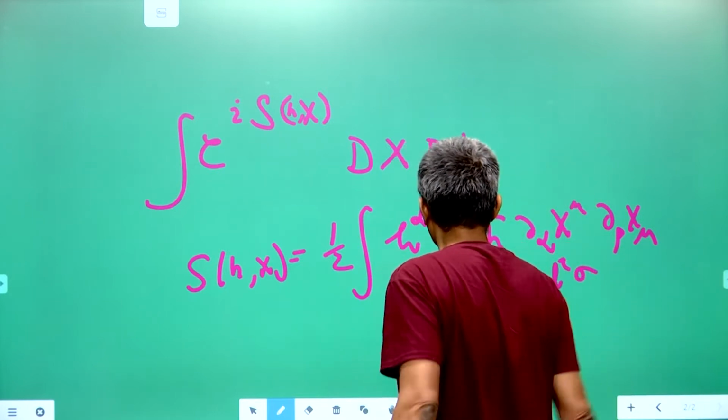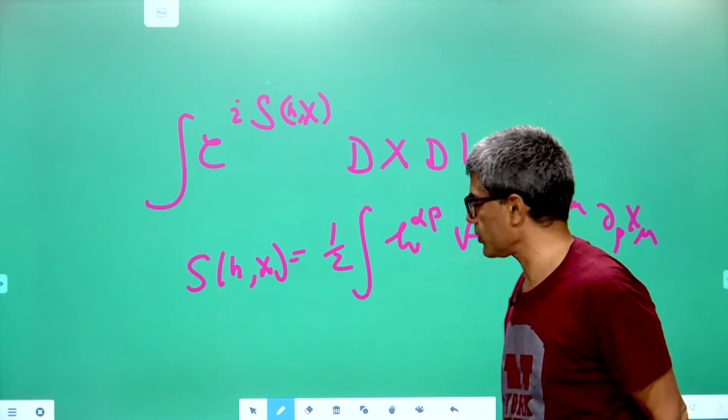So, h is a 2 cross 2 matrix valued function of tau and sigma.